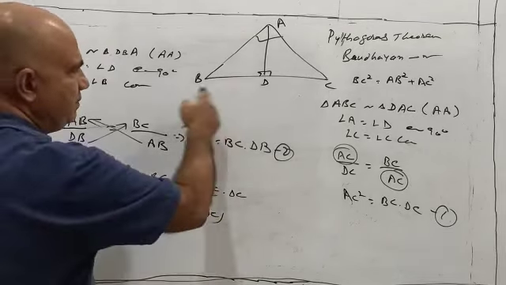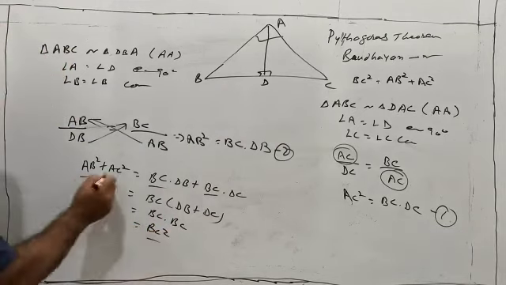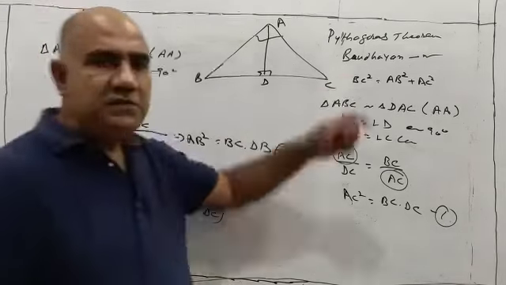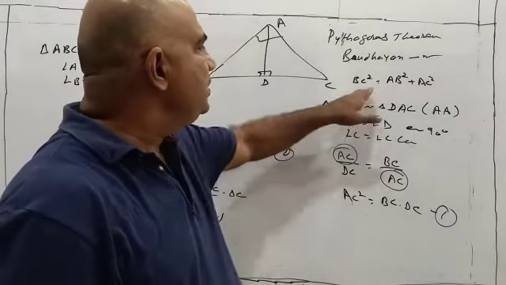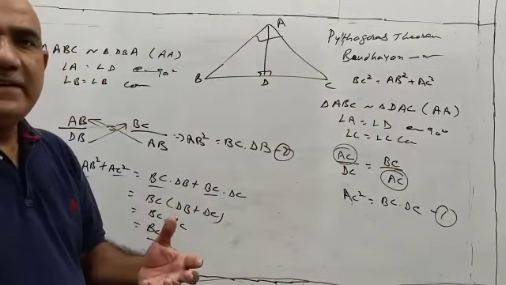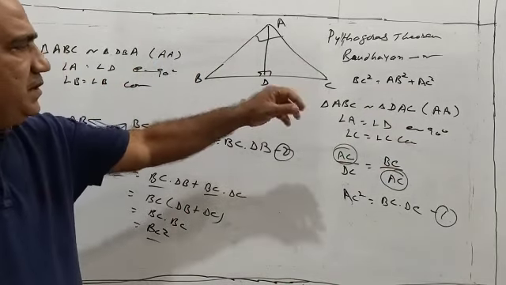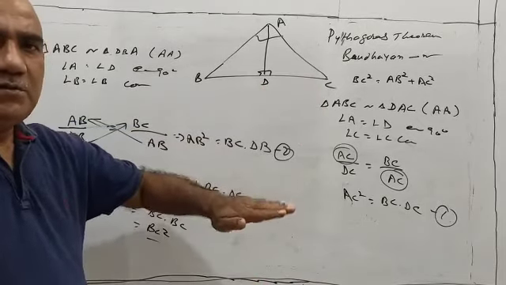DB plus DC is BC again, so it becomes BC into BC, so that becomes BC square is equal to AB square plus AC square. That is what our proof was. We were to prove this. So in a right angle triangle, the square of the hypotenuse is equal to the sum of the squares of the other two sides, then we say Pythagoras theorem is proved.